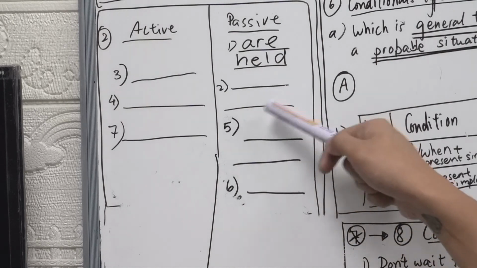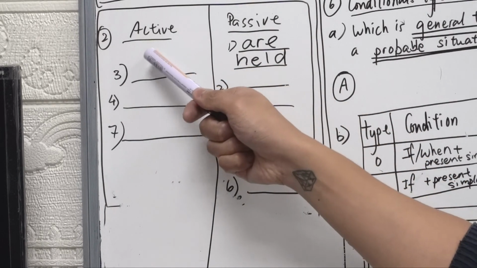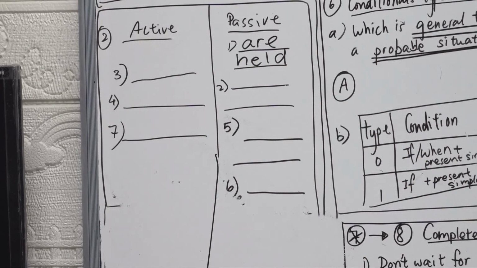In order to answer this one, we should look at number 2 from active. They are installing new equipment in the gym. Again, same thing, right? They, subject, are installing, verb, new equipment, the object, and in the gym is the place, with the preposition.